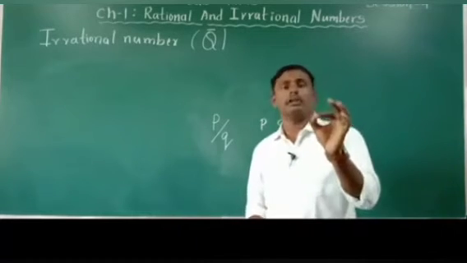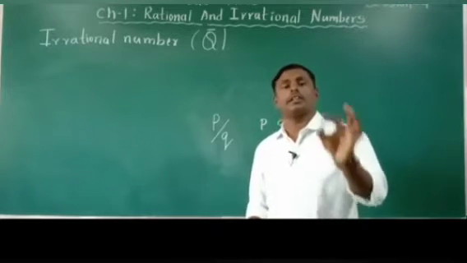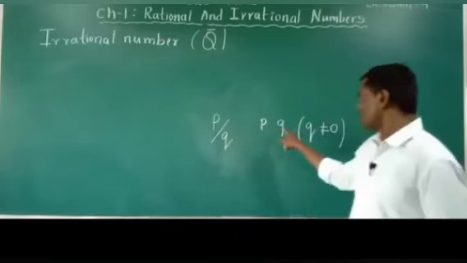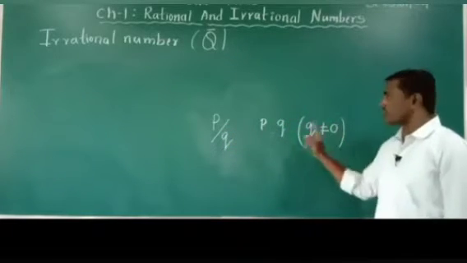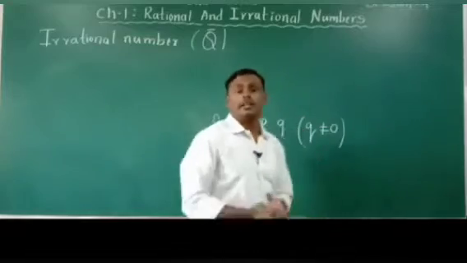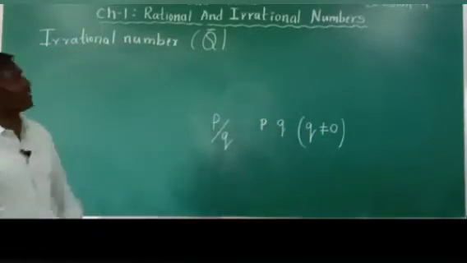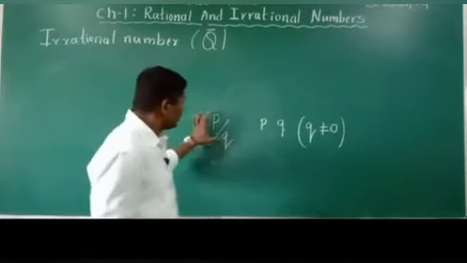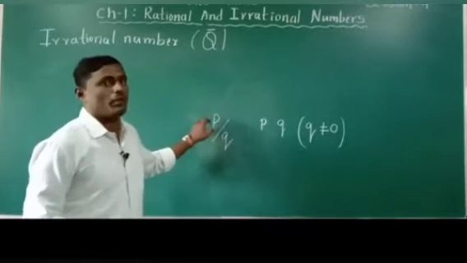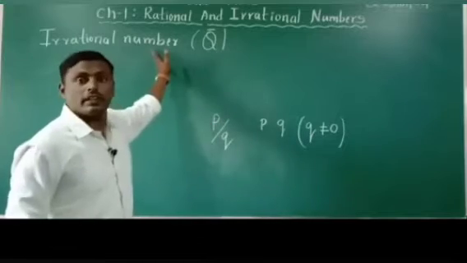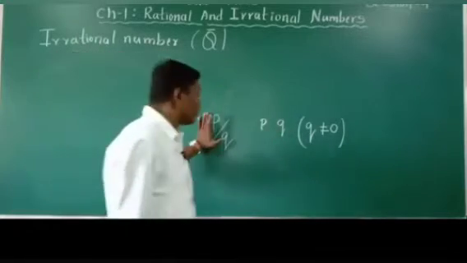A rational number is a number represented in the form of p by q where q is not equal to 0, and p and q are any integers, whether positive or negative. Now come to the concept of irrational numbers. If we represent rational numbers in the form of p by q, it means irrational numbers cannot be represented in the form of p by q.